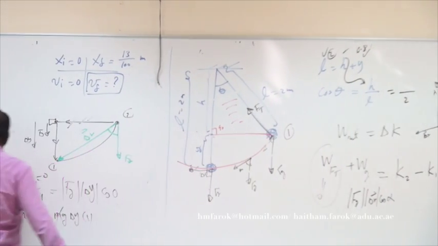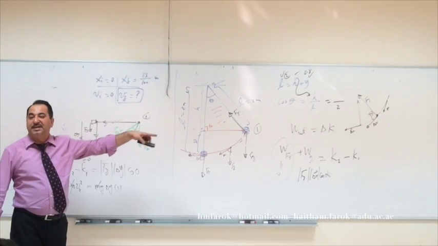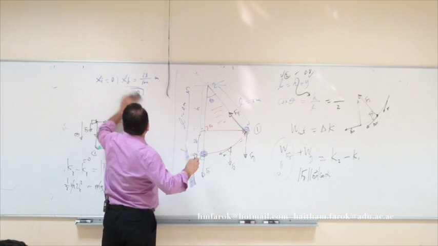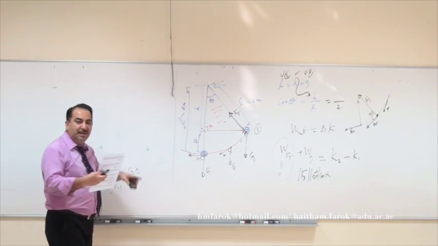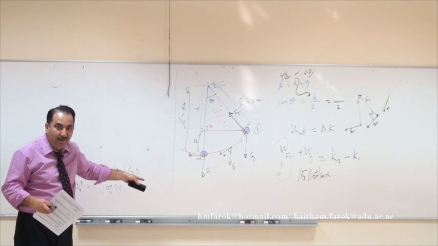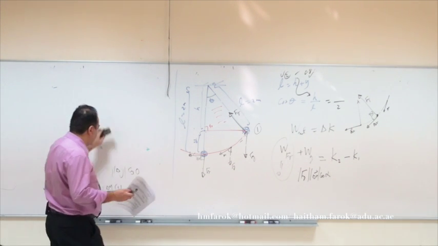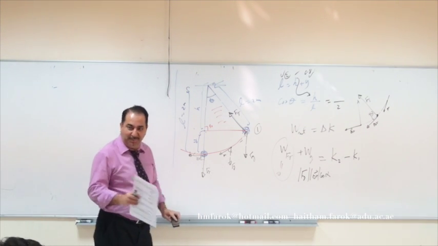Right. Now we move to chapter 8, but I'll use this as an example of how to find it. So I'll solve question 27, which I already did here, by the technique of chapter 8. So it's the same question, but look at the beauty of chapter 8.